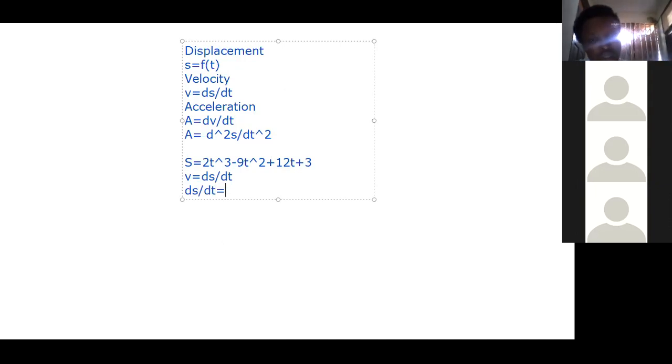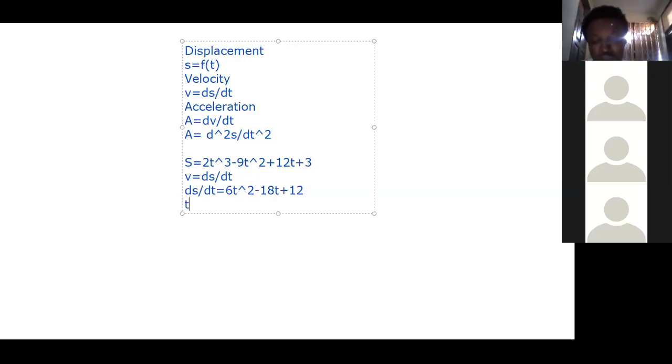That will be 6t squared minus 18t plus 12.